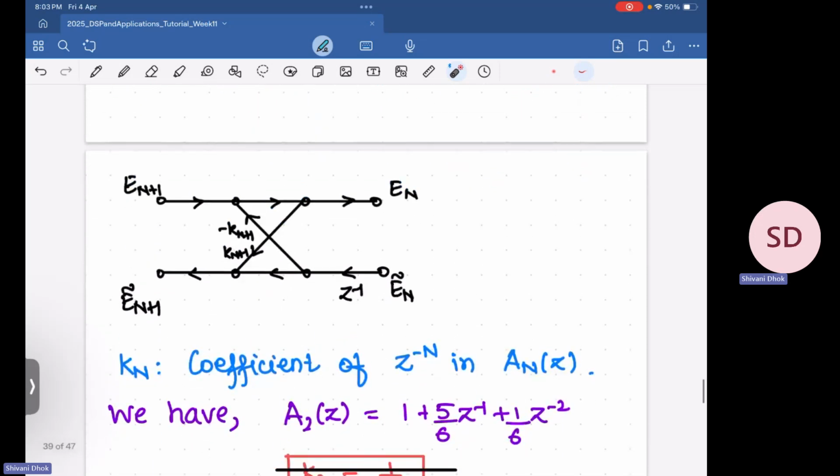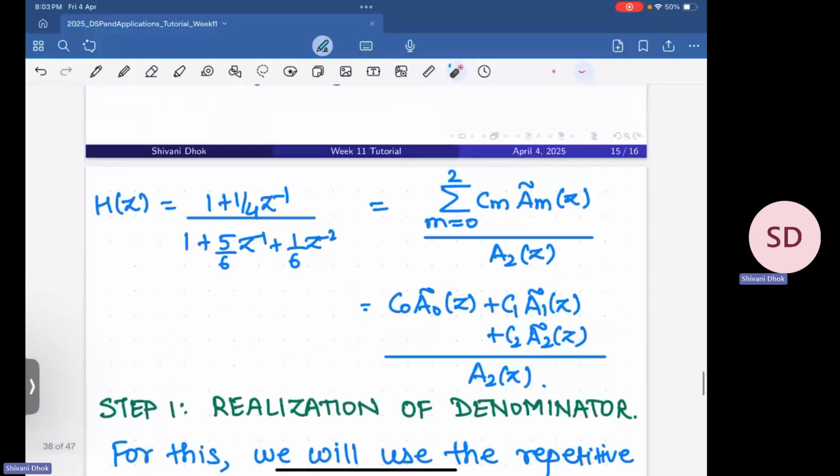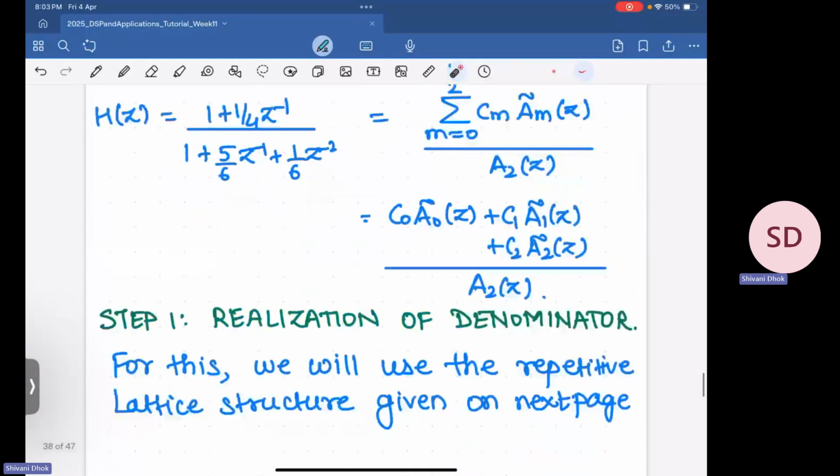In order to realize this denominator, what do we need? We need the values of these k's. And how to get these k's? The kn can be obtained by looking at the coefficient of z to the power minus n in An of z. Now in our transfer function, what are we given?